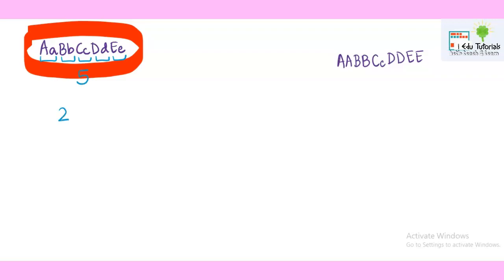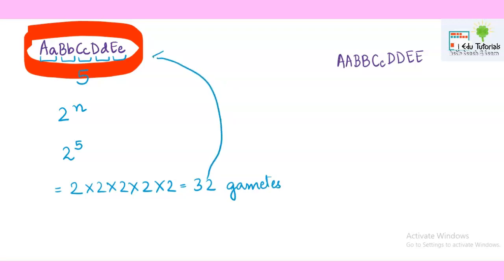And the formula is 2 to the power n, so the value of n is 5. When you expand it, your answer will become 32. That means with the given genotype, the possible gametes are 32 in number. Hope everyone has understood it.